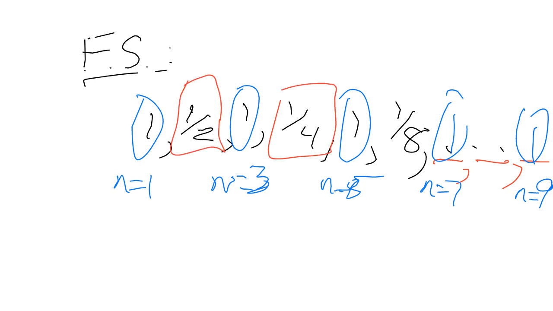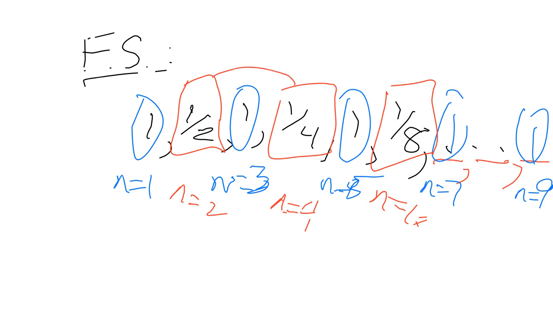But then I'm going to look at the even terms along the way. So for the 2nd term, the 4th term, and the 6th term, I've got 1/2, 1/4, 1/8. What type of sequence is that if we're just looking at that? Arithmetic, geometric? It's geometric, right?